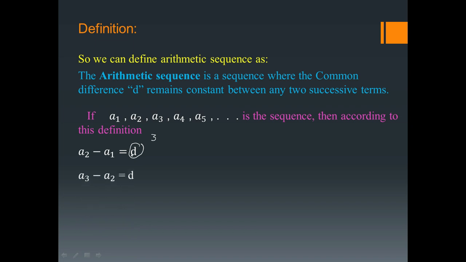If we subtract the second term from the third term, we are getting again the same number d. If we subtract the third term from the fourth term, we are getting d, and so on. If we subtract the fourth from the fifth term, we are again getting that number.